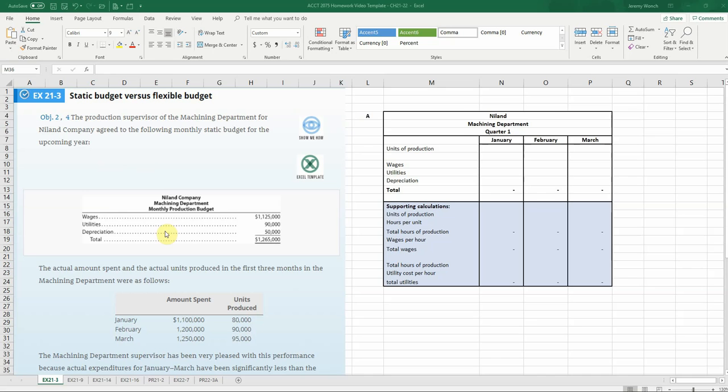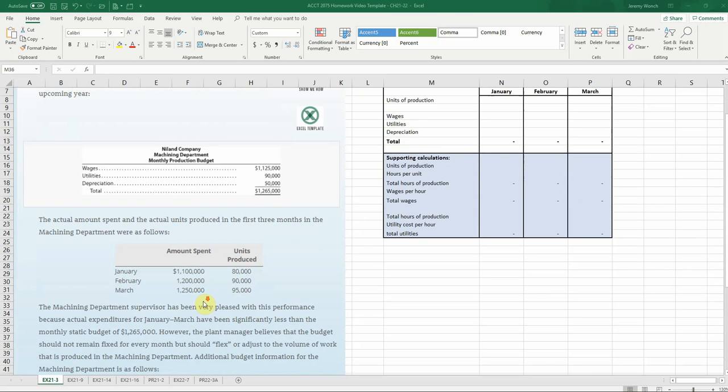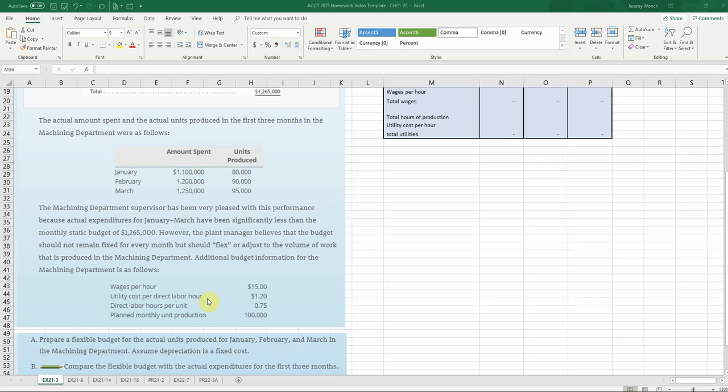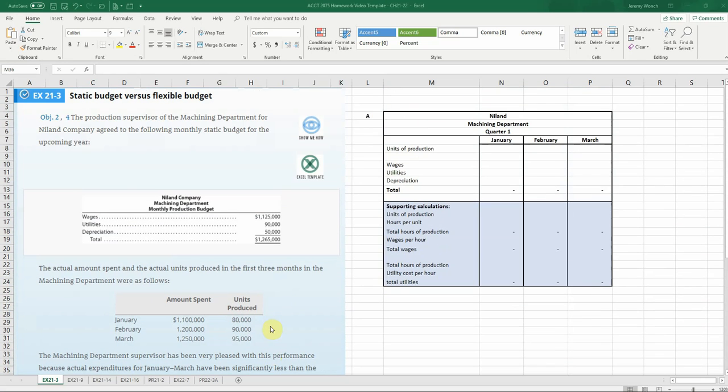So in this problem, we have our regular static budget here, and then we have our actual units produced here. We have our budget information, like per unit information, and we want to prepare a flexible budget.